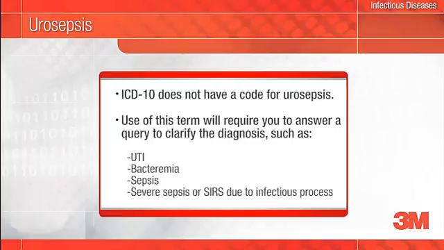If by using the term urosepsis, you mean the patient has a UTI, then document UTI. However, if you mean the patient is septic from a urinary source, make sure to document this. For example, E. coli sepsis due to UTI.